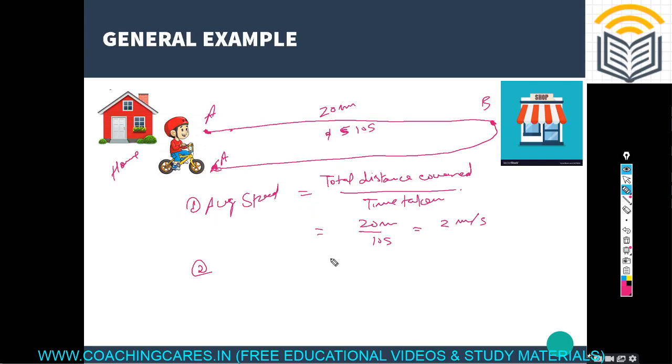The total distance covered is 20 plus 20, going back to the initial position, divided by the time. It takes 10 seconds to reach the shop and again 10 seconds going back home, so that is 40 divided by 20, which is 2 meter per second.